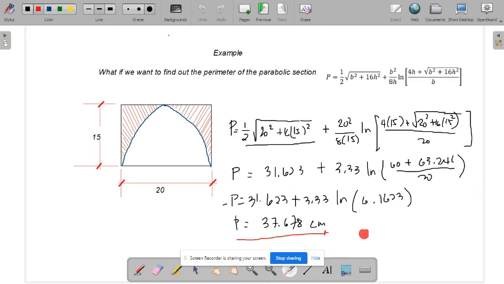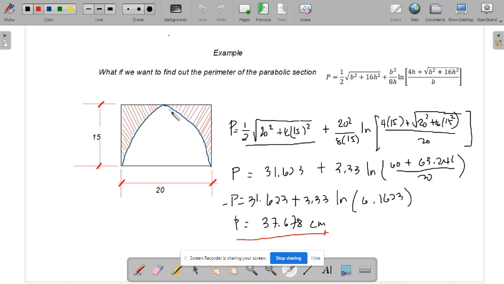So that gives us the value of 37.678 centimeters. You can check that in your calculator, counter check it, and see if we have the same answer.